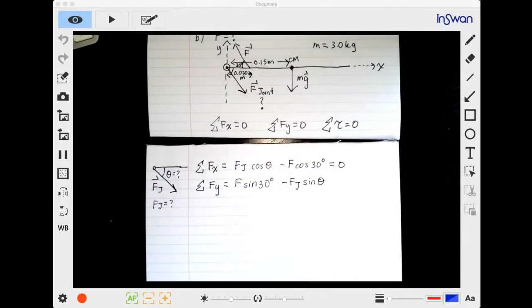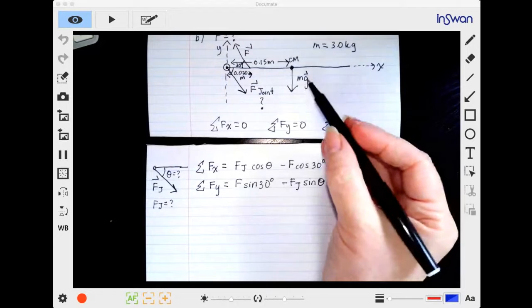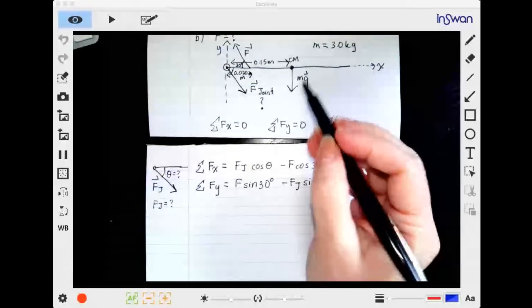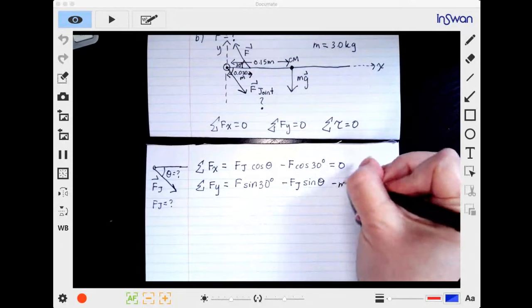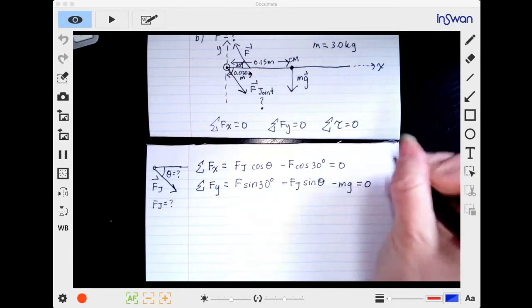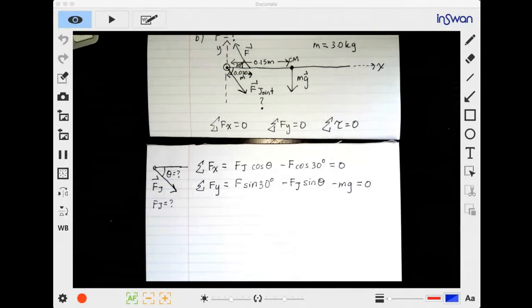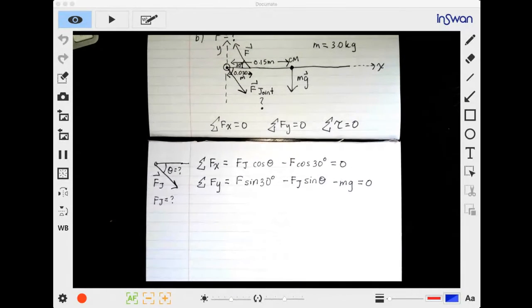We're just doing our force things that we learned how to do previously, our vector sums. Then we also have a negative y component coming from the weight, so we have a minus mg, and that has to add up to 0 if we're in static equilibrium. Great, so that's our forces adding up to 0, which is important.